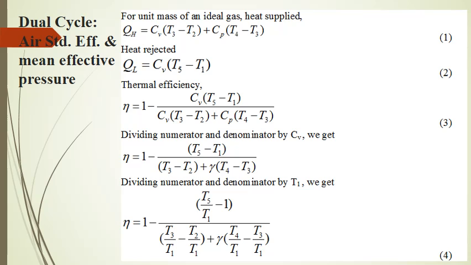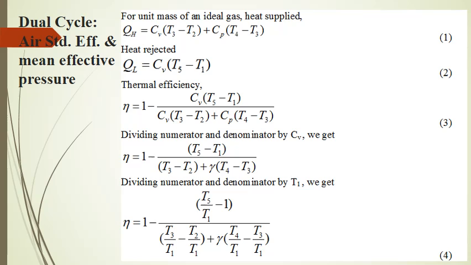Now for the unit mass of an ideal gas, heat supplied is equal to Cv into T3 minus T2 plus Cp into T4 minus T3, because heat addition is taking place partly at constant volume and partly at constant pressure. Heat rejected is equal to Cv dT, that is Cv into T5 minus T1. So the thermal efficiency, which is equal to 1 minus QL upon QH, becomes as shown in equation number 3.